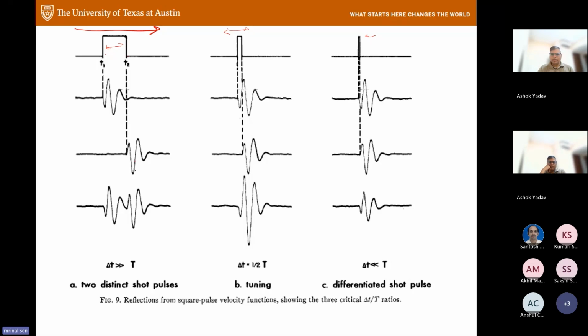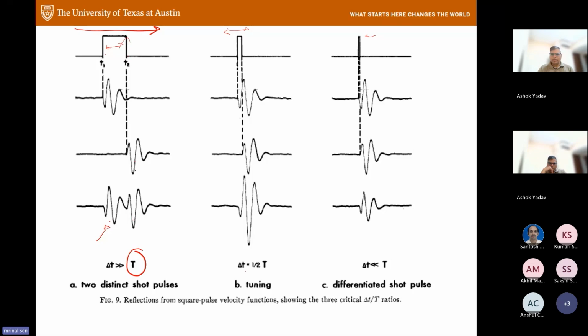So from the top I have a positive pulse and I have a negative pulse. Now the time series will be the sum of these two, and what you see is that when the separation is far greater than the period of the pulse, you can see two distinct pulses.